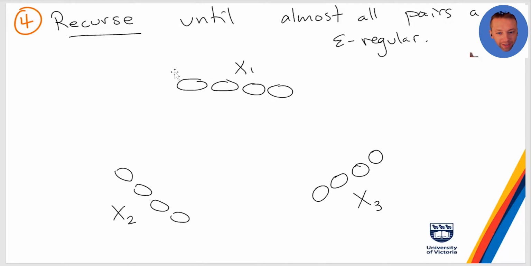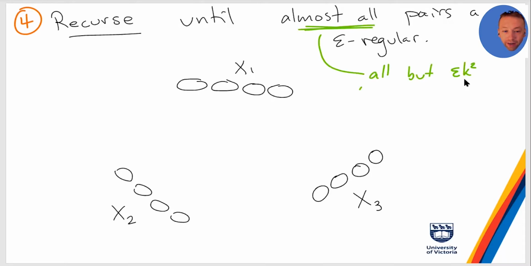And you basically recurse this over and over until finally your pairs are almost all epsilon regular. When I say almost all here, I mean all but epsilon k squared of them, where k is the final number of parts.